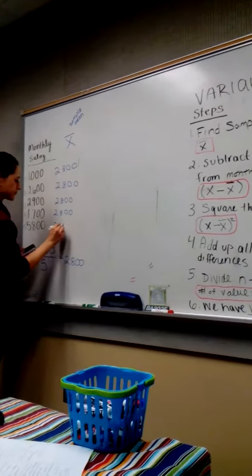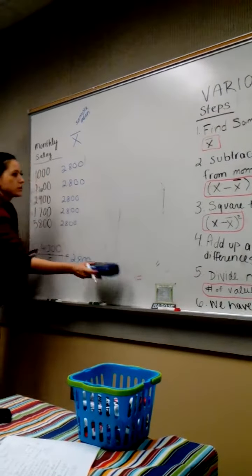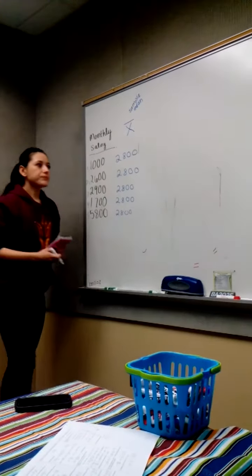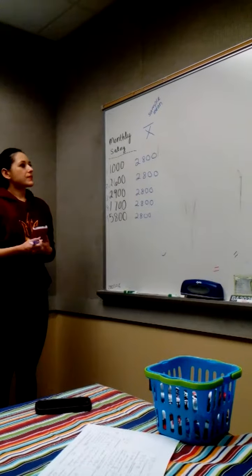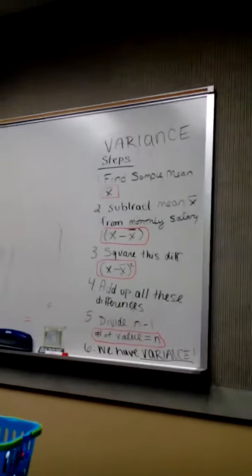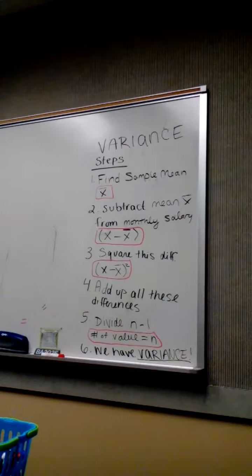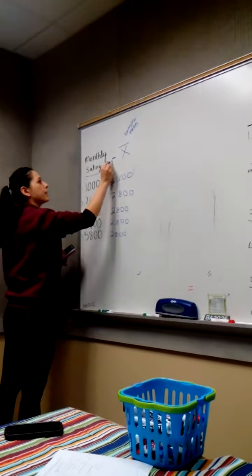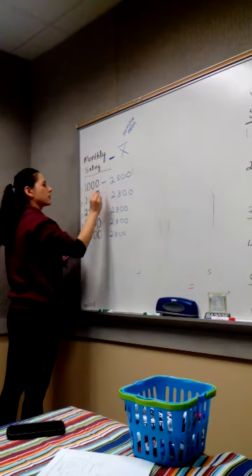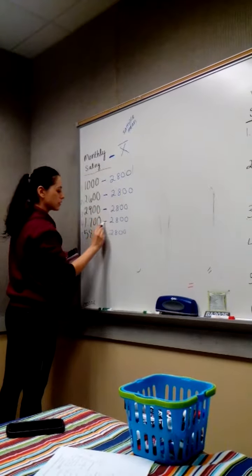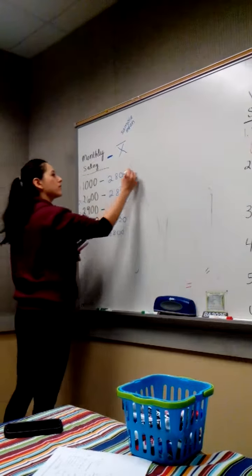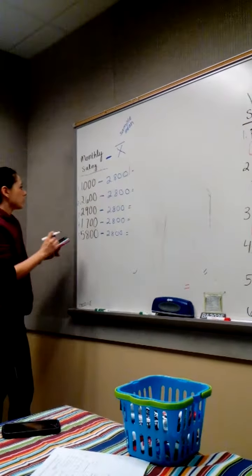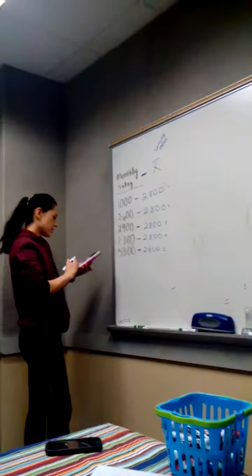All right, great. The second step would be we would subtract the mean from the monthly salary. So minus, and we're going to do 1,000, minus 2,800.